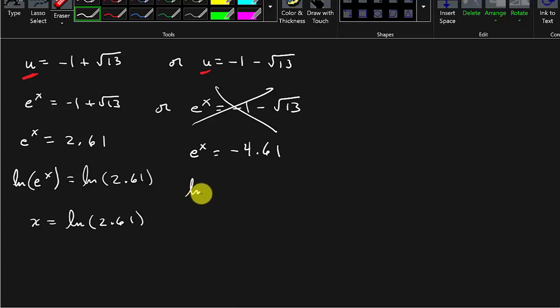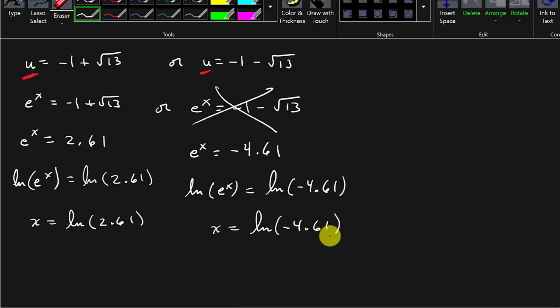And so now we take the natural log of both sides. That equals the natural log of negative 4.61, and that would give us x equals the natural log of negative 4.61. Okay. And we know that's not going to work. You can't take the log of a negative number. And if you don't believe me, plug it in your calculator and you can see. And so there you go. That's not it. This is the only answer you would have.